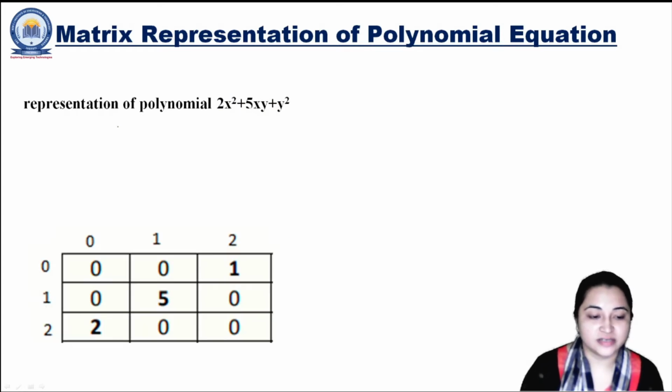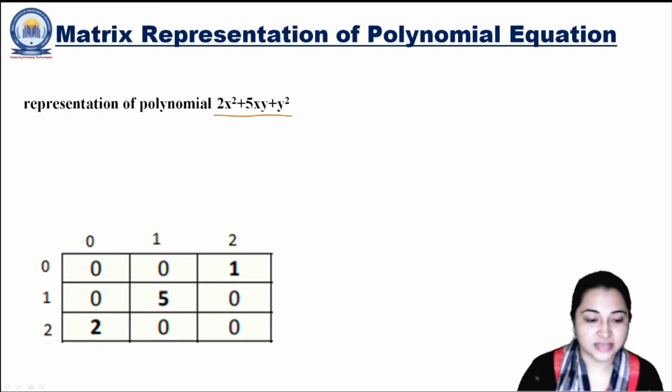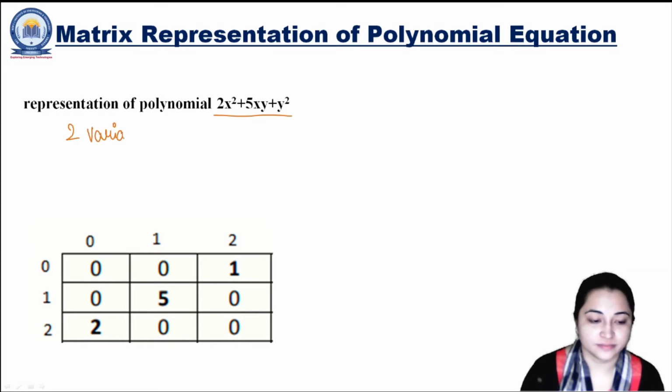Let us now see the representation of polynomial 2x square plus 5xy plus y square. In this example we have two variables, x and y. This represents x to the power 0, x to the power 1, x to the power 2.